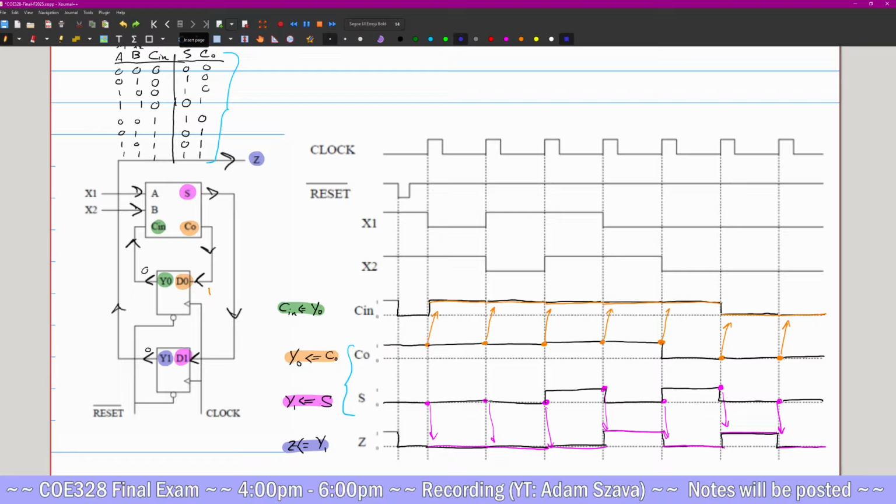Yeah, and then. Could you rephrase what you're saying there? I'm not sure I fully understand.